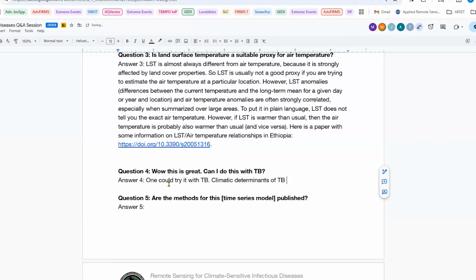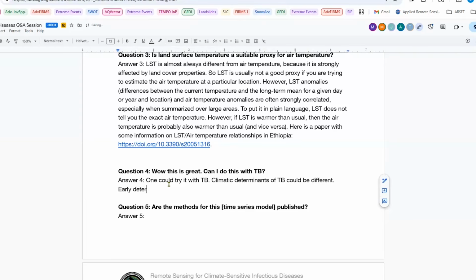It would be interesting to explore and see. To be honest, in terms of using the environmental predictors, I'm really not sure. Other aspects of the modeling approach, such as the early detection algorithms, are definitely very generalizable to any other type of outbreak-prone disease. There's never any guarantee that it's going to work, but you could certainly try it.